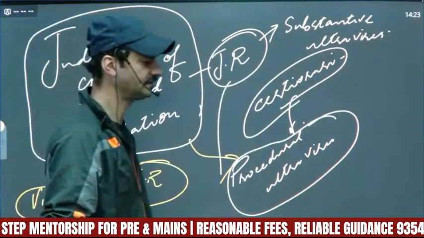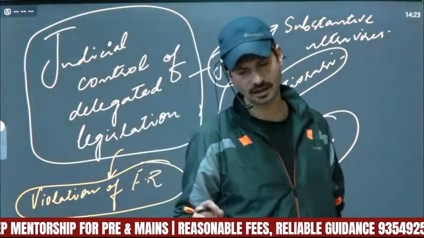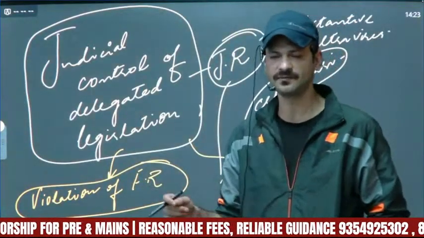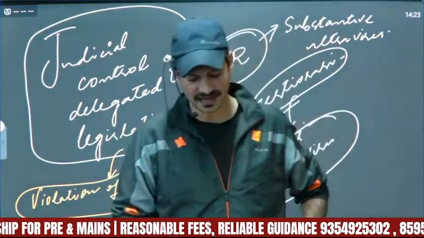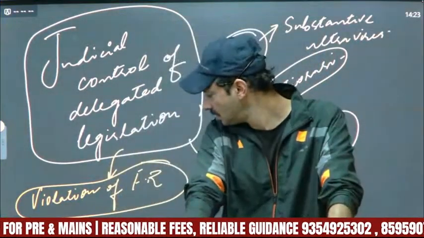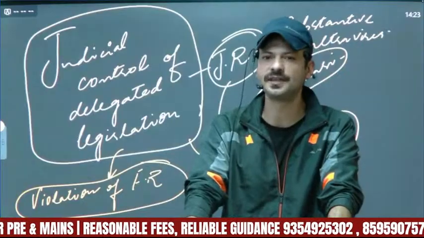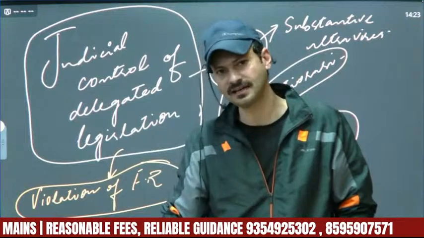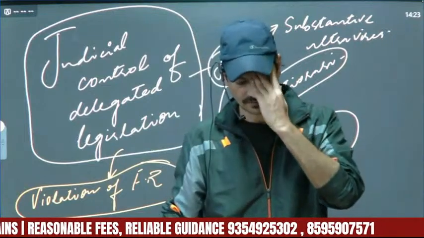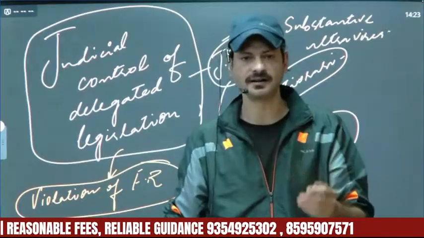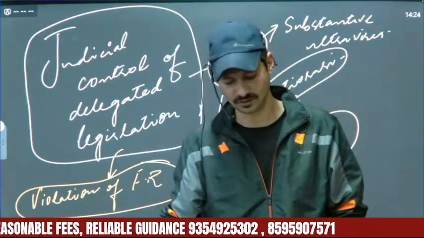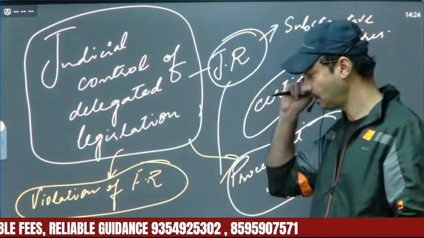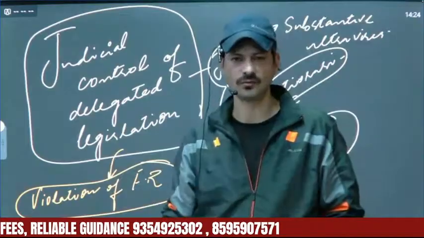If the courts are of the opinion that this law which has been formed is jeopardizing the rights of the people, then courts may also invalidate this delegated legislation if they violate constitutional provisions of fundamental rights, because they are the guardians of fundamental rights. So if that is being violated, then it will be struck down.